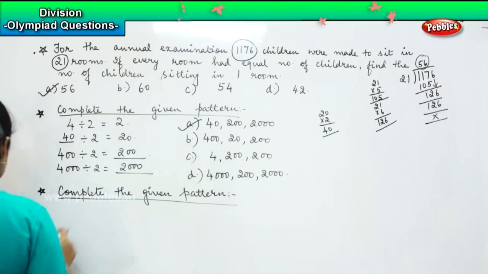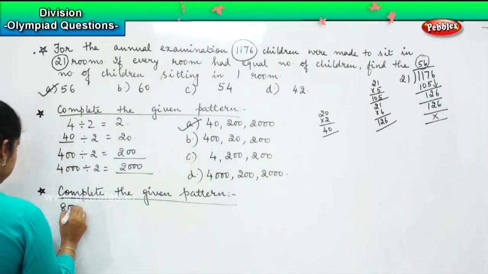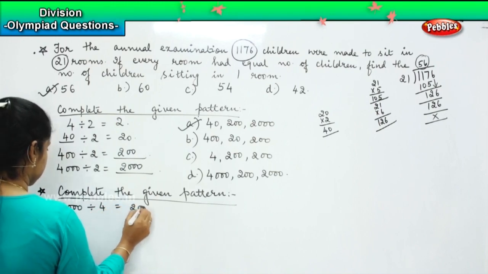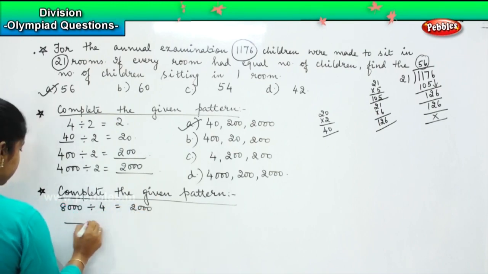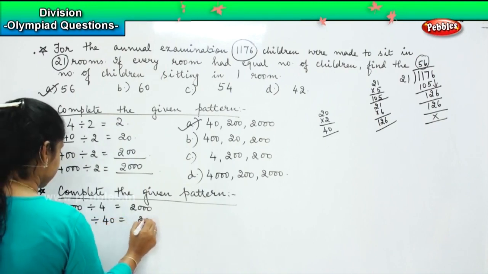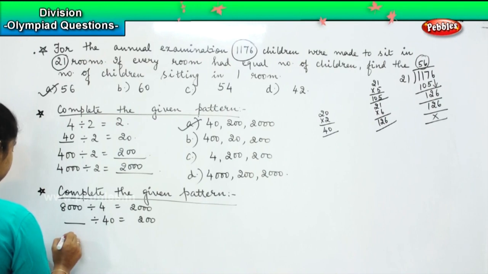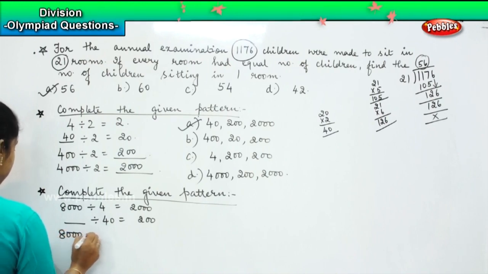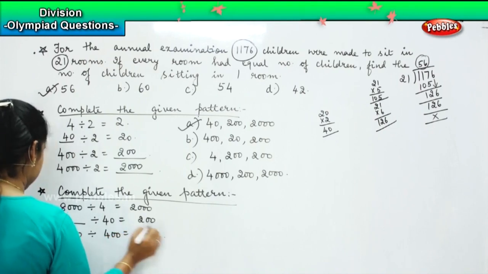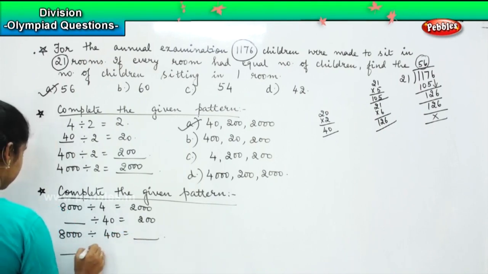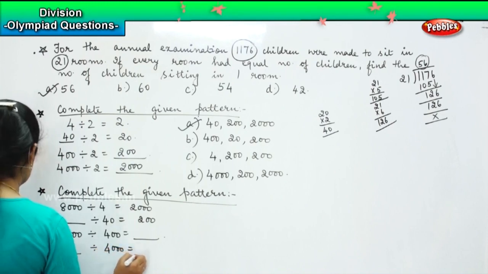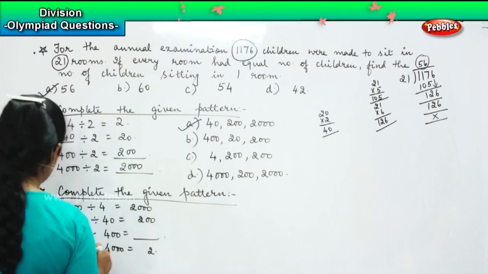Okay. And the question is 8000 divided by 4 is 2000. Dash divided by 40 is 200. 8000 divided by 400 is equal to dash. And dash divided by 4000 is equal to 2.